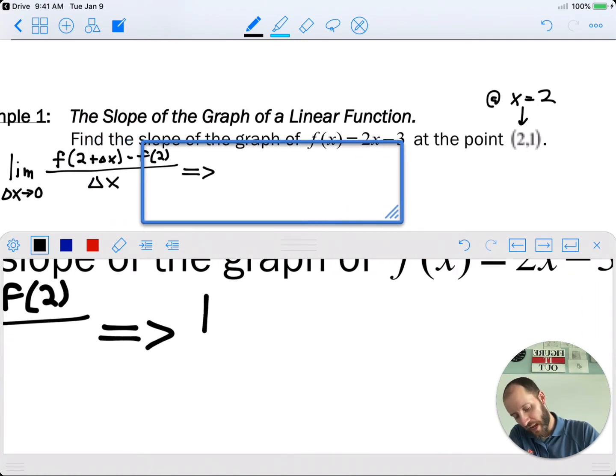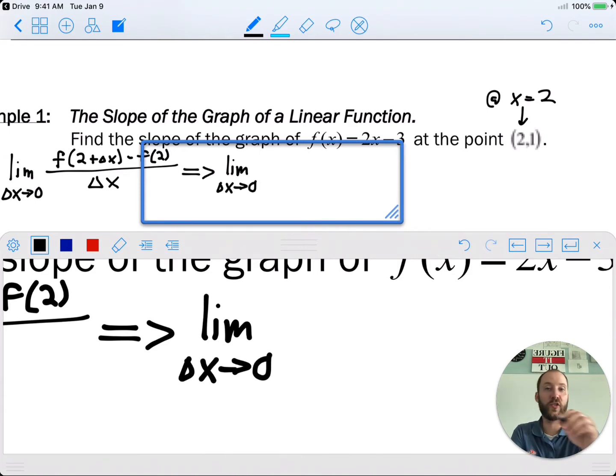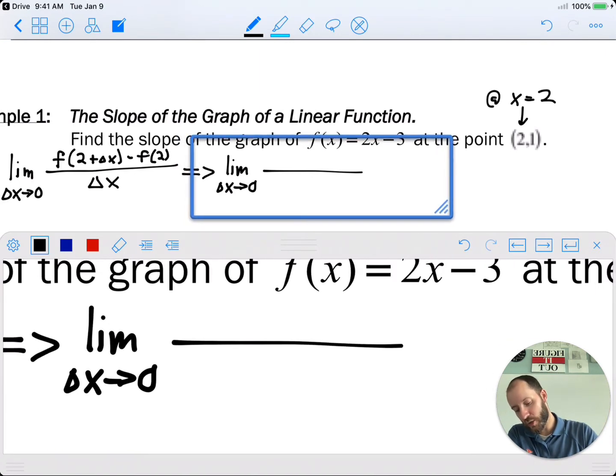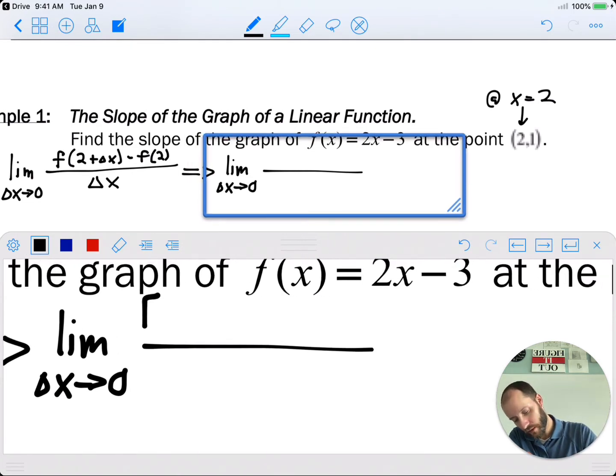Try to expand the numerator so that we can get a delta x that we can factor out of the whole problem. Remember, if delta x is your problem, you want to try to get rid of your problem factor. So plugging in 2 plus delta x into the original function for x, I'm going to use some brackets to organize this a little.